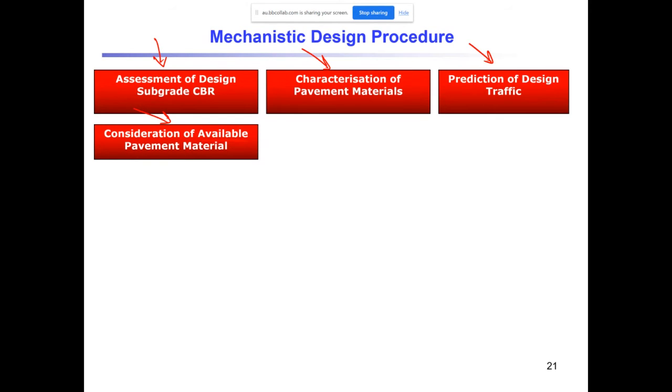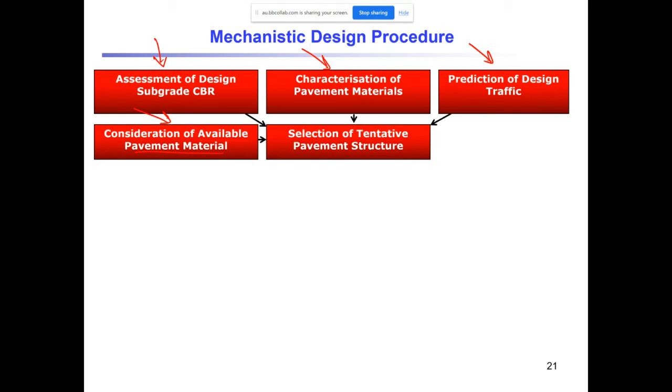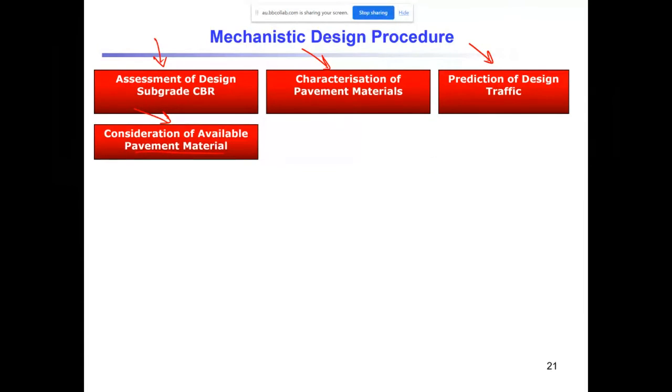Also, during this case, you need to consider the availability of those materials and also the cost of those materials to decide which type of material you want to use for your pavement structure. So all of these 4 are the input data.